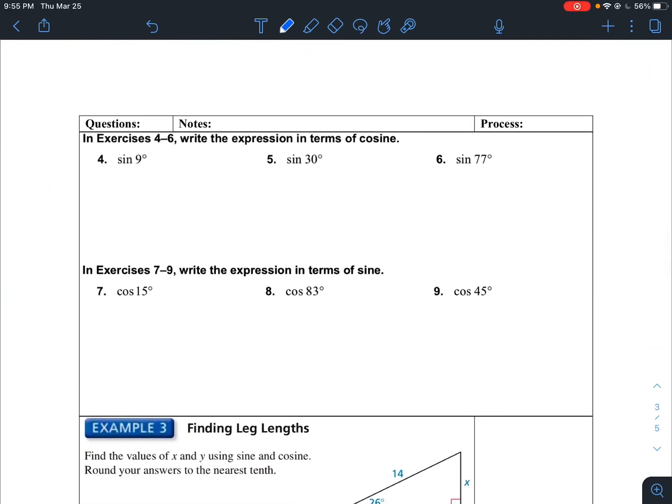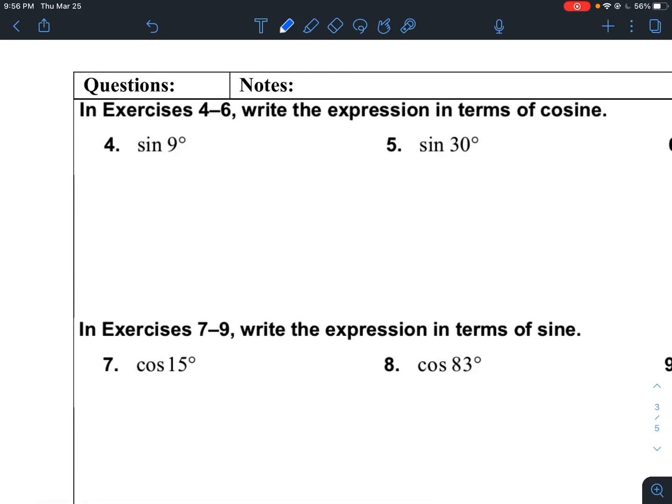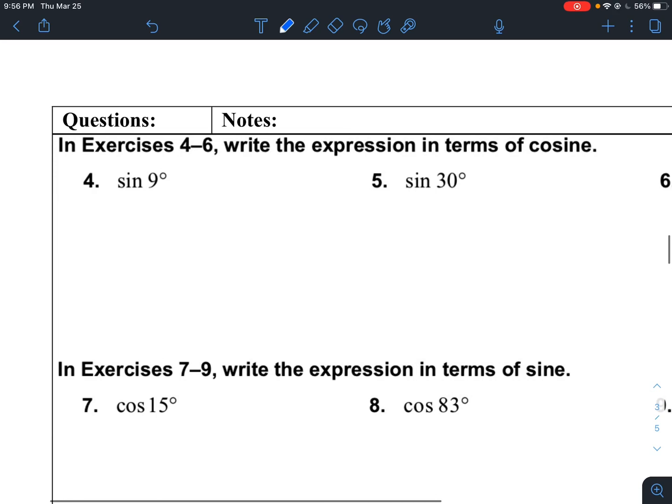Okay, so go through these examples right here and just use the conversion. I can do one of each, but we want to write these expressions of sine in terms of cosine. So sine of 9 would be equal to cosine of 90 minus 9, which would be equal to cosine of 81.